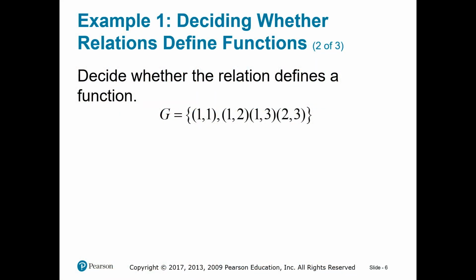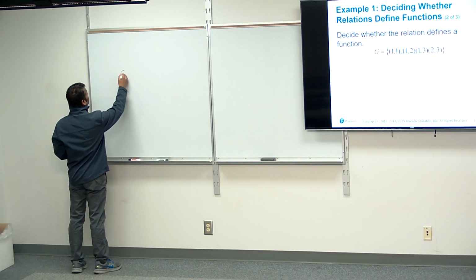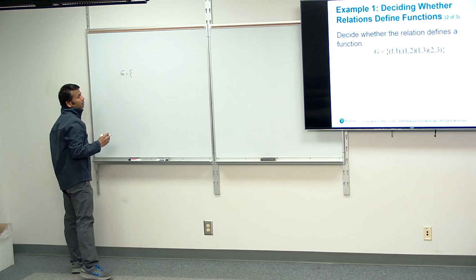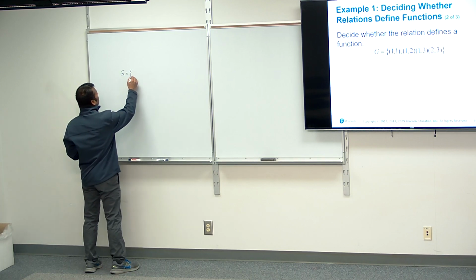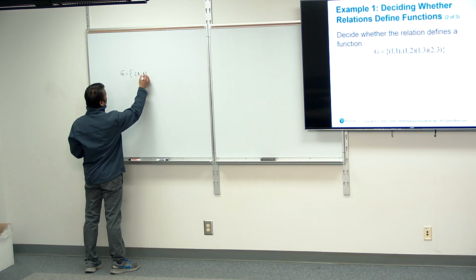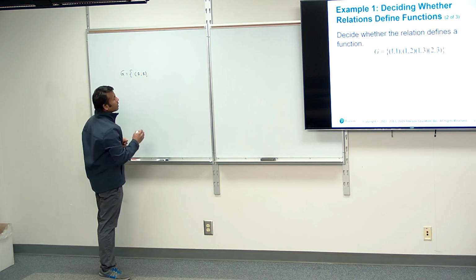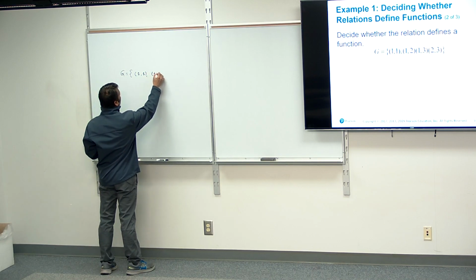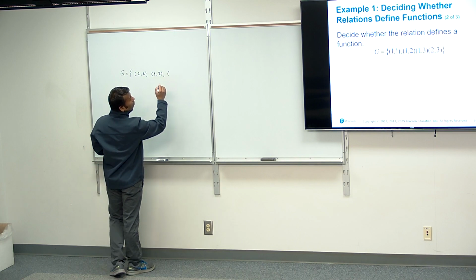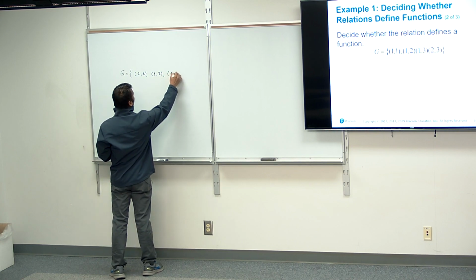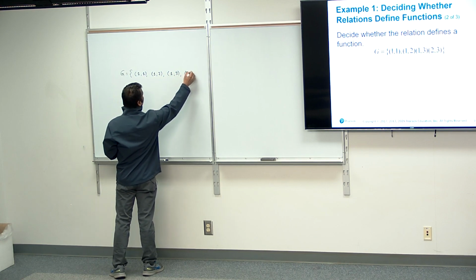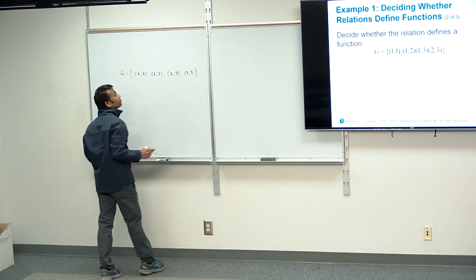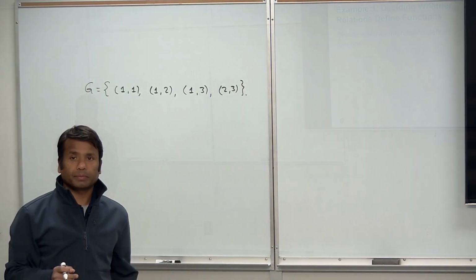So you have G is the set of ordered pairs. You have (1, 1), (1, 2), (1, 3), and you have (2, 3). Right?